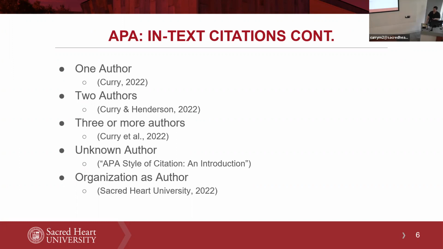So let's say you get an article from the American Medical Association. If you put American Medical Association in the citation, that's fine. And as far as the year is concerned, the year you're going to put is the year that you basically accessed it. So the current year we're in.